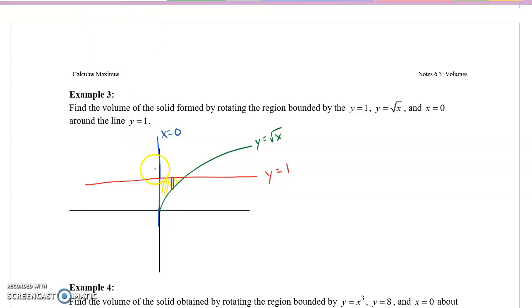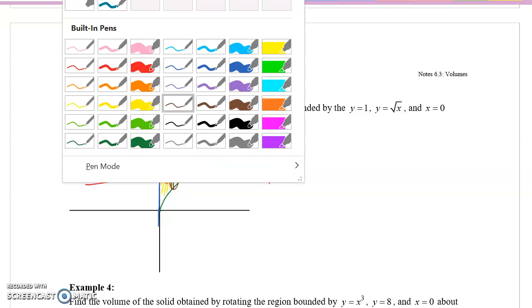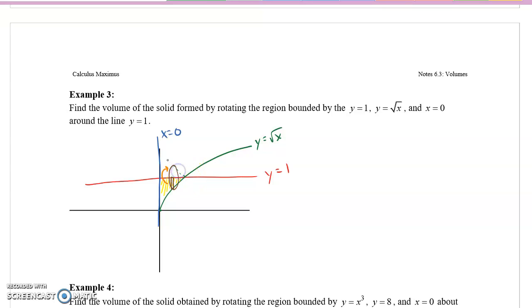Let's use that orange again. Revolve it around the line y equals 1. So we've got ourselves discs, right? This is going to be some sort of, let's go back to green. And, if we look at this, it's going to be some sort of like cone with curved walls when we rotate it, if you can imagine that.